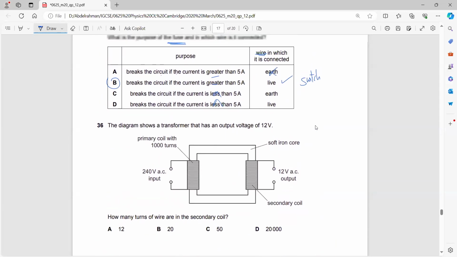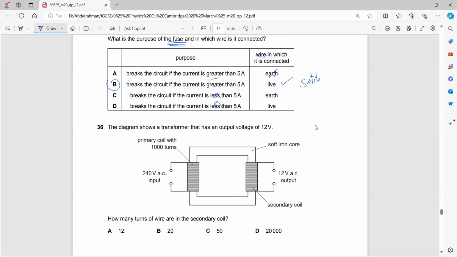We have a transformer. We need to find the number of turns on the secondary coil, which is NS. We have only one equation: VP over NP equals VS over NS. Do we have the VP? Yes. 240 over NP, 1000, equals 12, which is VS, divided by NS.